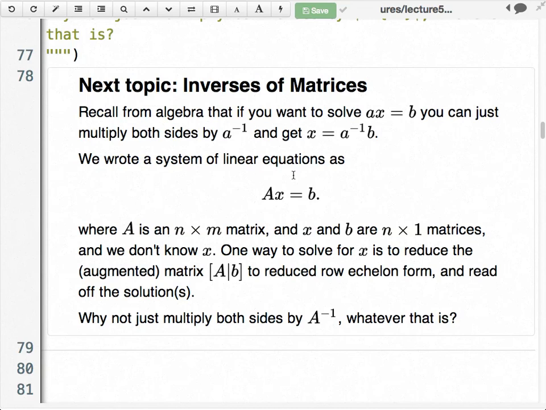Second, it turns out that the fastest algorithm there is for solving Ax = b, which is certainly not reducing to reduced row echelon form, involves solving this equation modulo a prime number. I don't know if that means anything to you or not, but if it does, what you do is you do all of your addition and multiplication, and at each point you always divide by a fixed number and take the remainder.